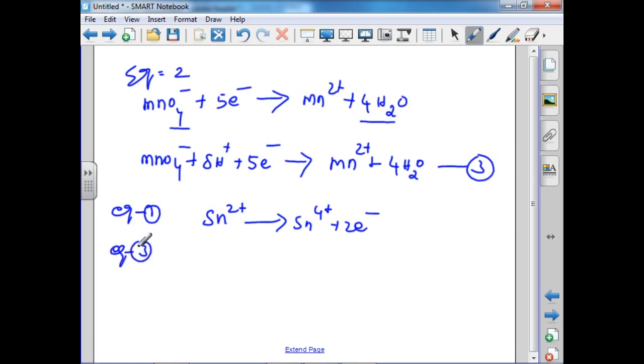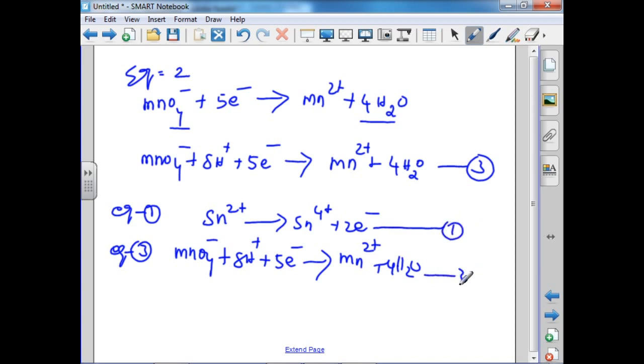Equation number 3: MnO4- plus 8H+ plus 5 electrons gives Mn2+ plus 4H2O. Looking at the difference, in equation number 1 there are 2 electrons on the product side, and in equation number 3 there are 5 electrons on the reactant side.